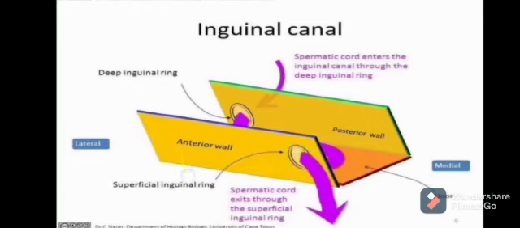So the anterior wall is composed of skin, superficial fascia, and external oblique. And in the posterior wall, we have the deep inguinal ring, which, as already discussed, is present in the fascia transversalis. So the posterior wall is formed by the fascia transversalis.